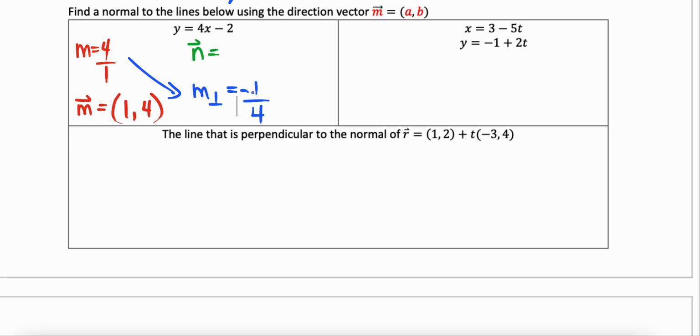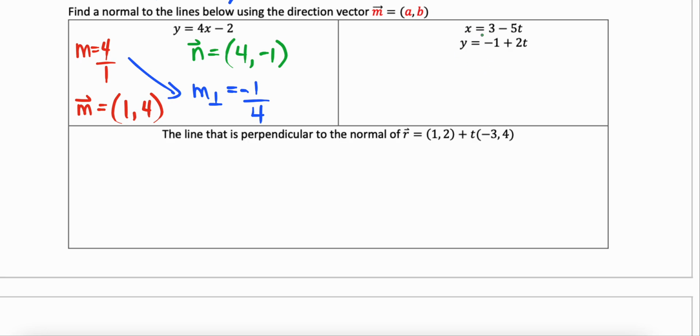So the negative reciprocal of that. And so doing that, it allows me to find that normal vector in this case would be 4 and then negative 1. Remember, you can put that negative either with the x part or the y part. It makes no difference.